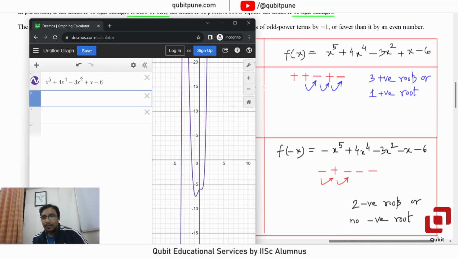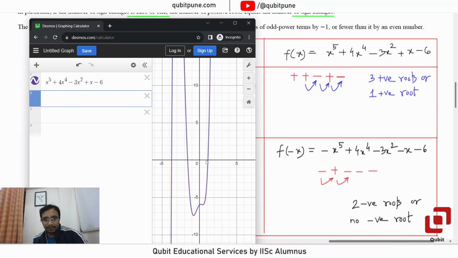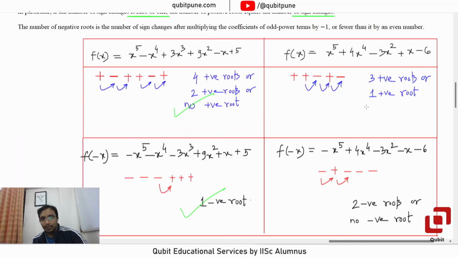Now 3 positive roots or 1 positive root, it has 1 positive root here. 2 negative roots or no negative root, it has 2 negative roots here. So 1 positive root, that estimation is correct. 2 negative roots, that estimation is correct.